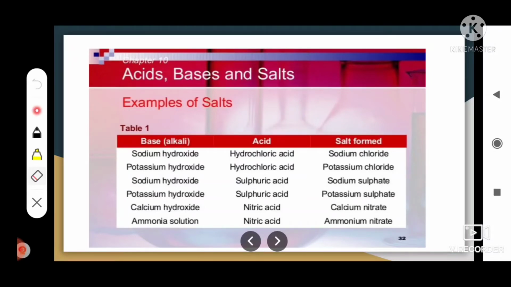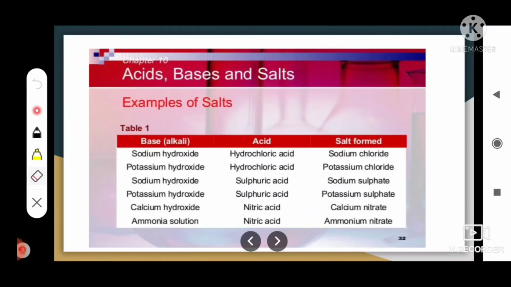And the salts of nitric acid are called nitrates. For example, calcium hydroxide reacts with nitric acid to form calcium nitrate. Calcium nitrate is a salt of nitric acid. Ammonia solution reacts with nitric acid to form ammonium nitrate.